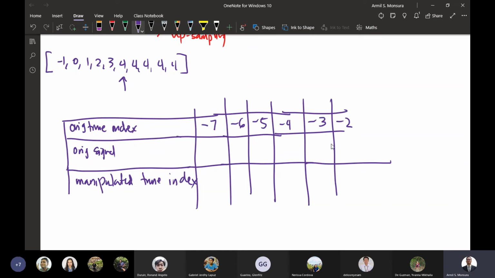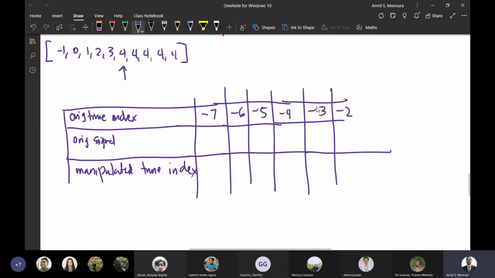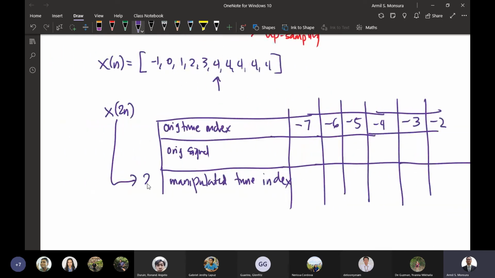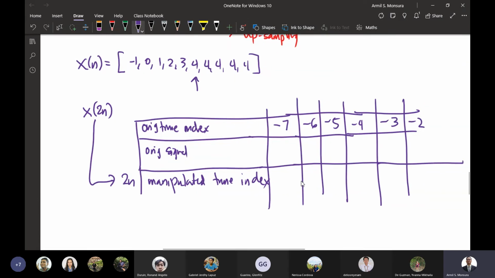Ngayon, yung manipulated time index niyo, for example, in this case, should be 2n. That's the manipulated time index. And in this case, kung 2n, ano yung magiging value ng manipulated time index natin dito?